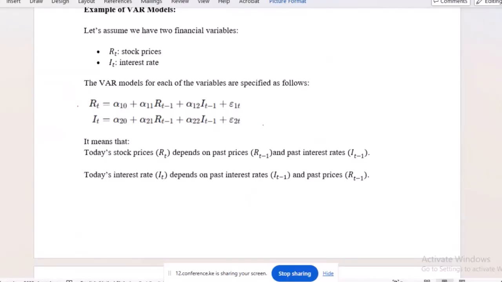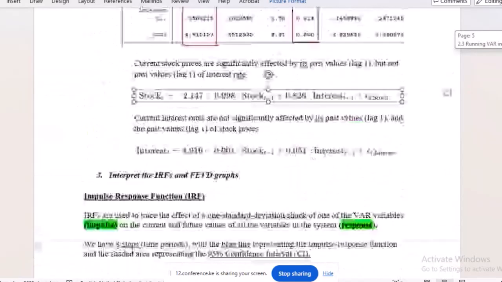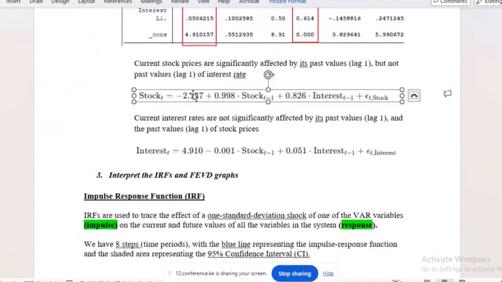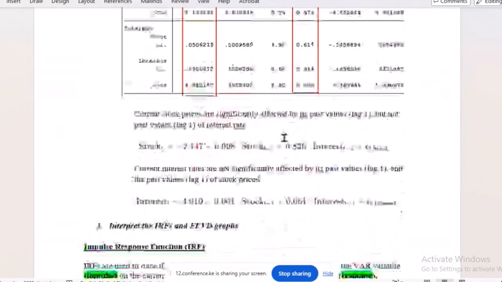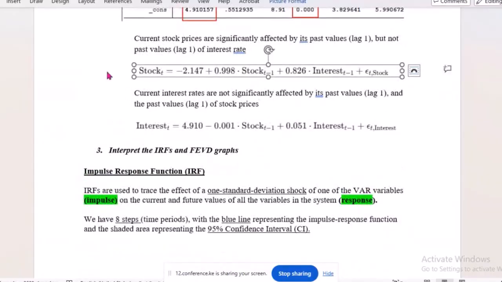So this alpha 10, alpha 11, alpha 12, these are the coefficients that we have. So that is how we interpret the coefficients of VAR. And you can see this is the same concept of ordinary least squares. That's why we are saying that the technique that we use to run the analysis is actually the OLS.